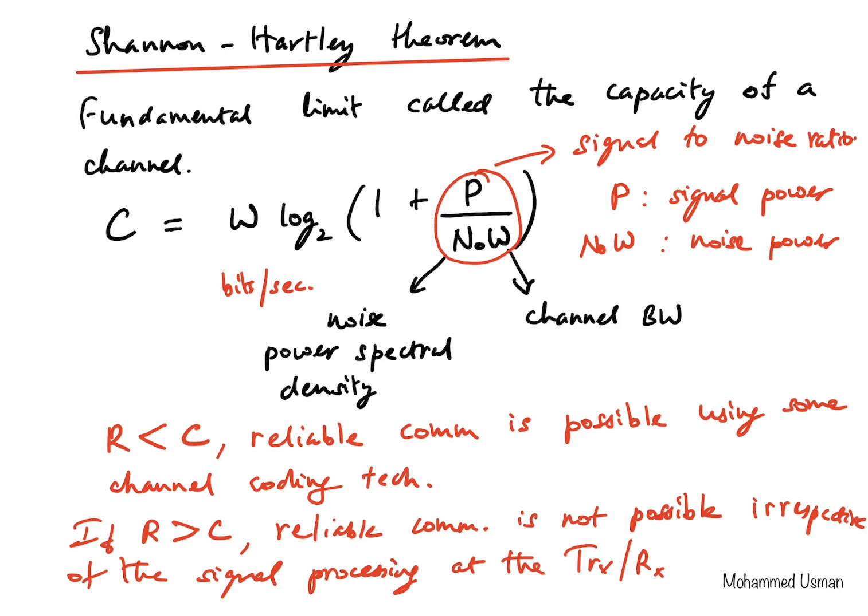Okay, so basically the capacity C is a fundamental limit above which we cannot transmit data, because if we exceed that, no matter what we do, we are not going to have a small error probability in the received bits. This is a fundamental theorem in communications.